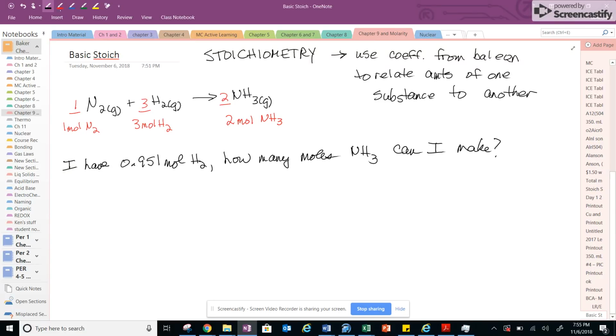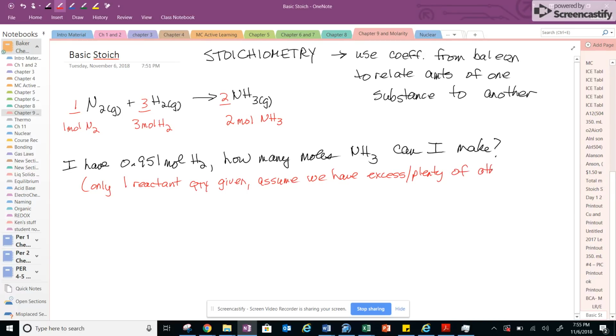And so if ever we have a problem where only one reactant quantity is given, then we are going to assume we have excess or plenty of any of the other reactants.